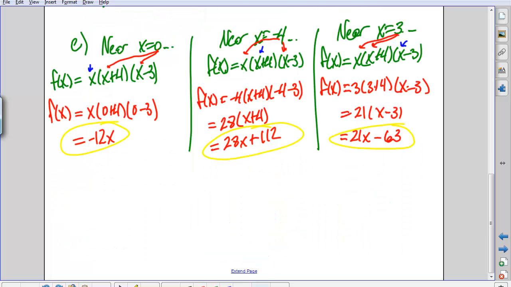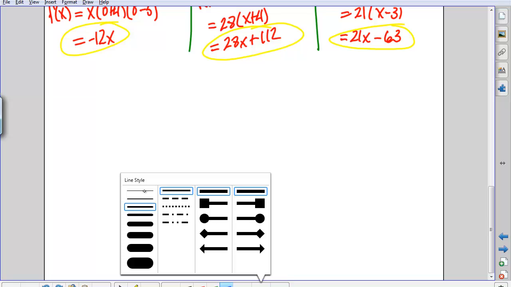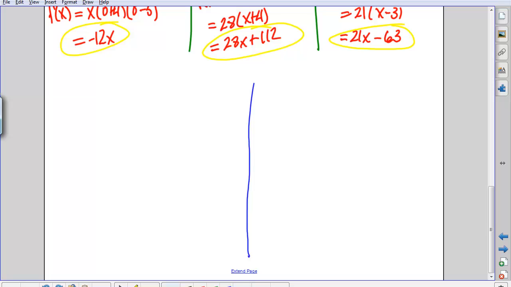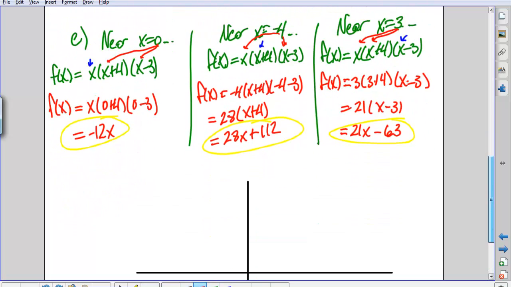So the last thing is to put all this together to obtain a graph of f. So let's do that. That's not a straight line at all. Okay, so my x-intercepts are at 0, -4, and 3.